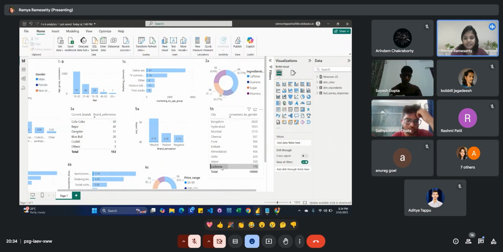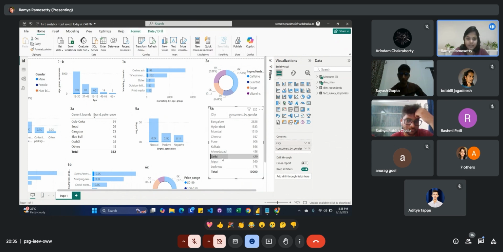If we see the city Lucknow, the online ads are comparatively less than the TV commercials. Jaipur also is not using the online ads, and Delhi is also using less online ads.